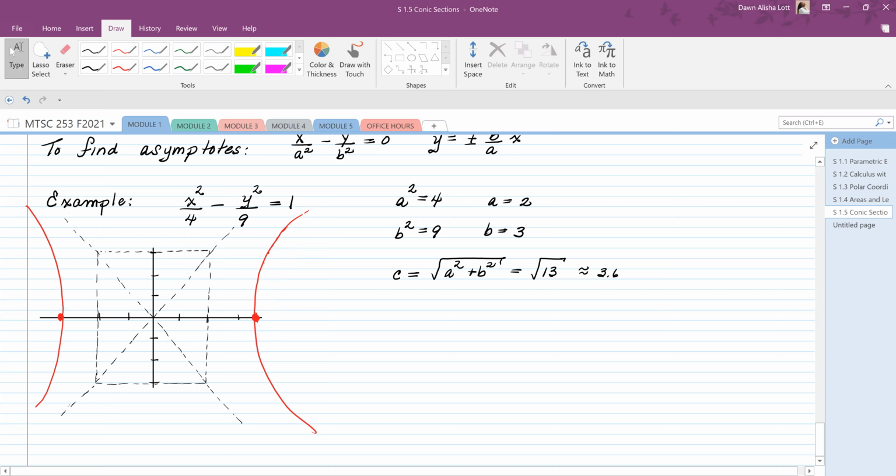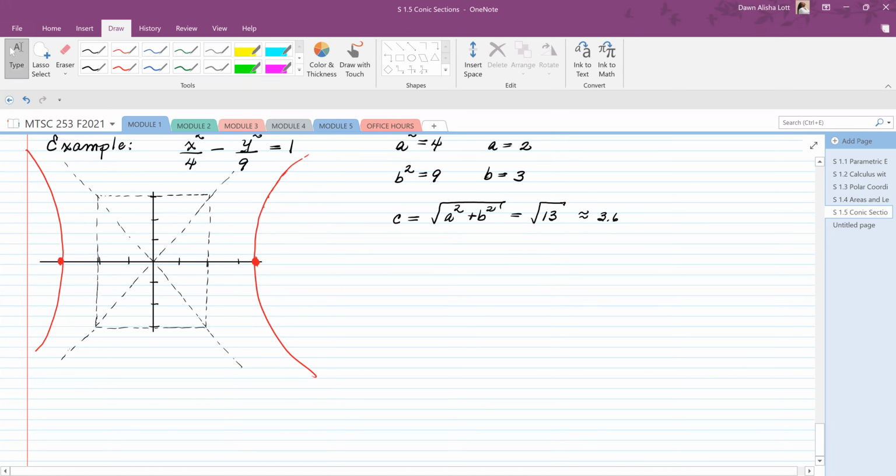Now, if it were y squared, it would go the other direction. Okay, so my foci are now still plus or minus the square root of 13, 0. And my vertices are still plus or minus a, 0, so plus or minus 2.